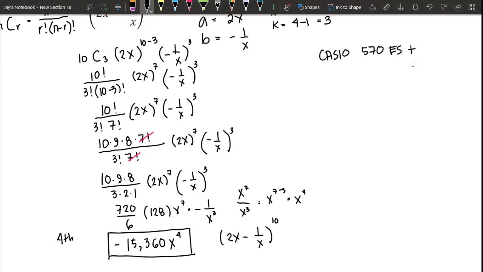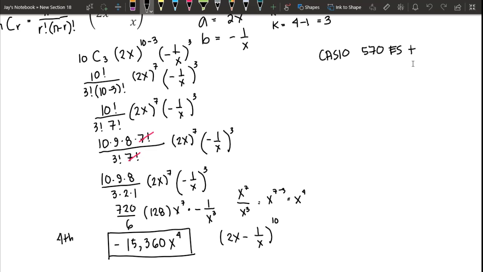This has not yet been banned in the licensure examination for teachers, but if you are planning to take the engineering board exam, the Casio 570 ES was already banned by the board of examiners. So luckily in the professional teacher exam, we can still use the Casio 570 ES Plus.